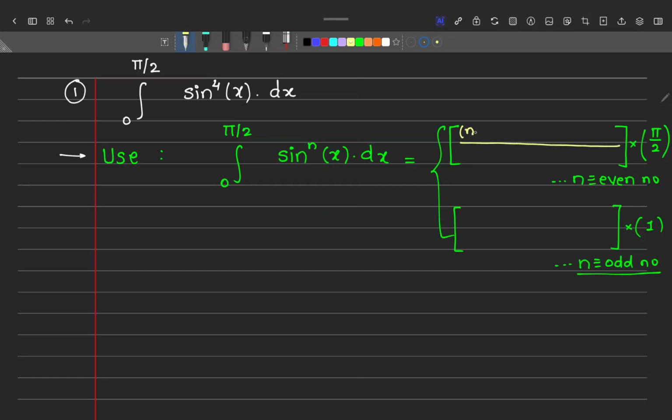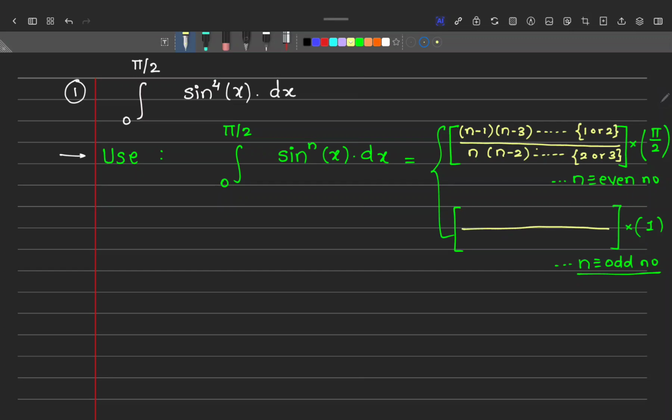So it is n minus 1 into n minus 3 and so on until the last term is 1 or 2. In the denominator, we take n, then n minus 2, n minus 4 and so on until the last term is 2 or 3, depending upon the value of n.